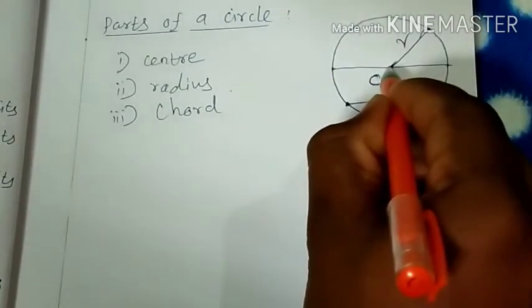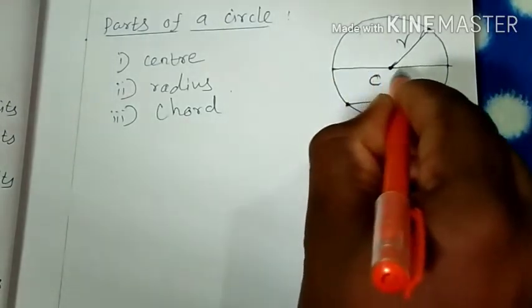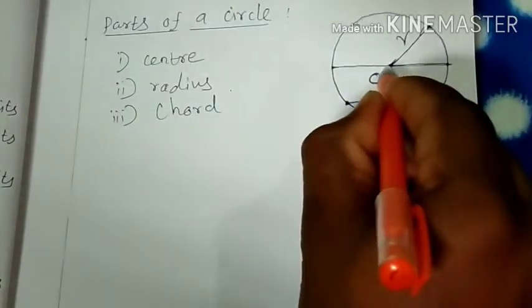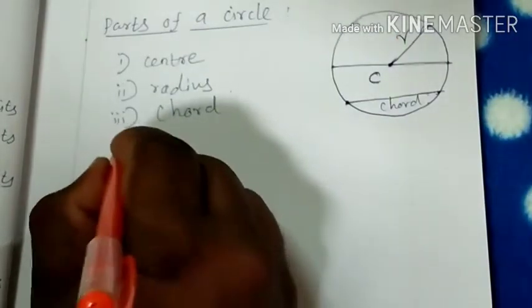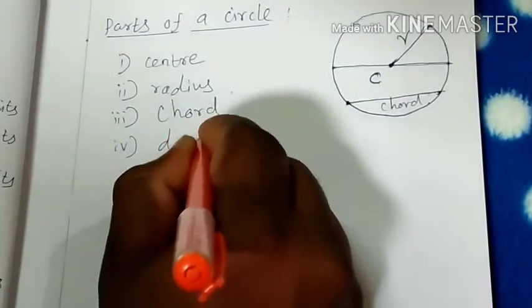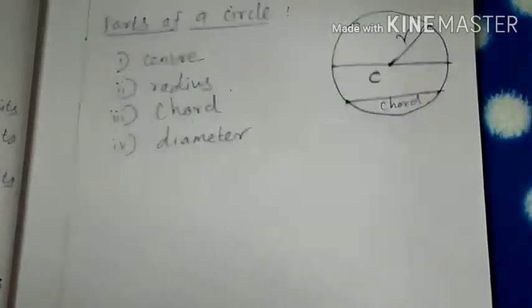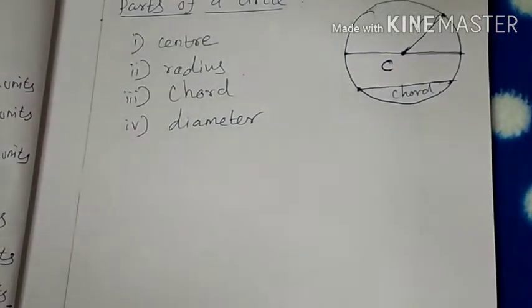This is the center. A chord that passes through the center of a circle is called a diameter. This is a special name for the chord that passes through the center. This is called the diameter.